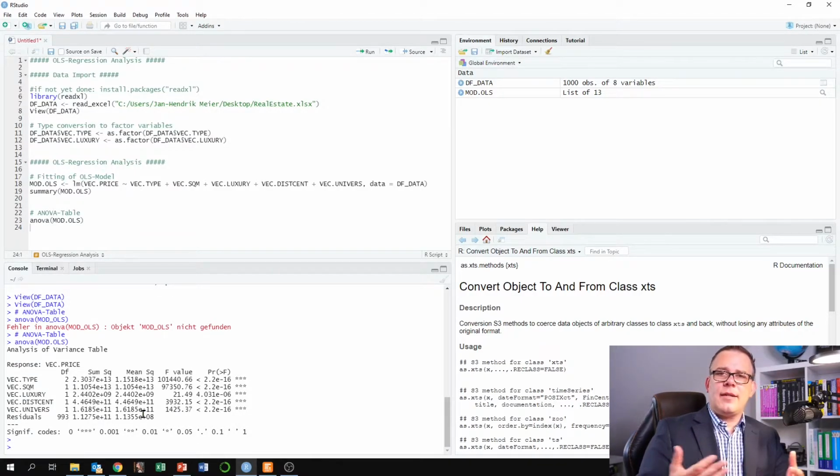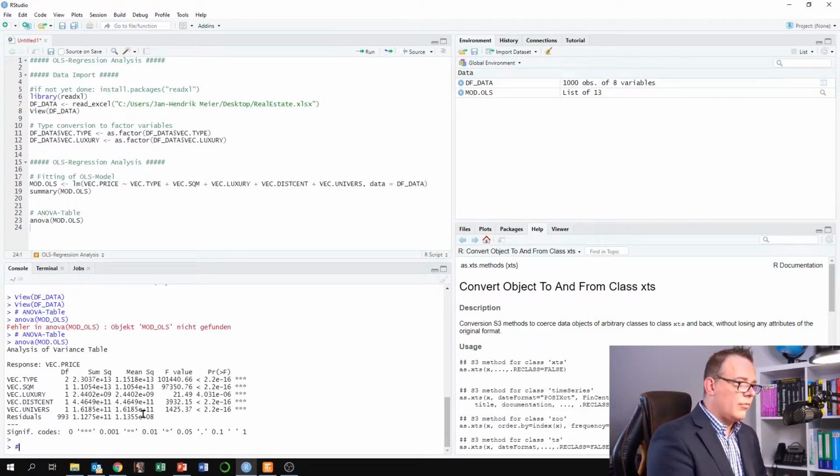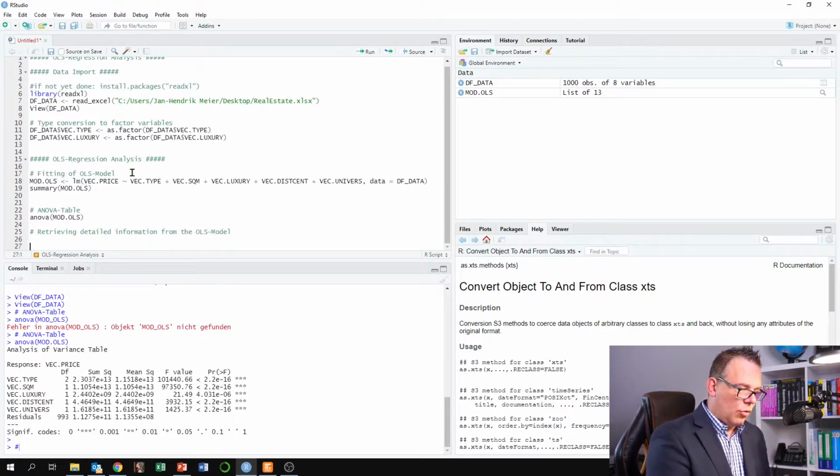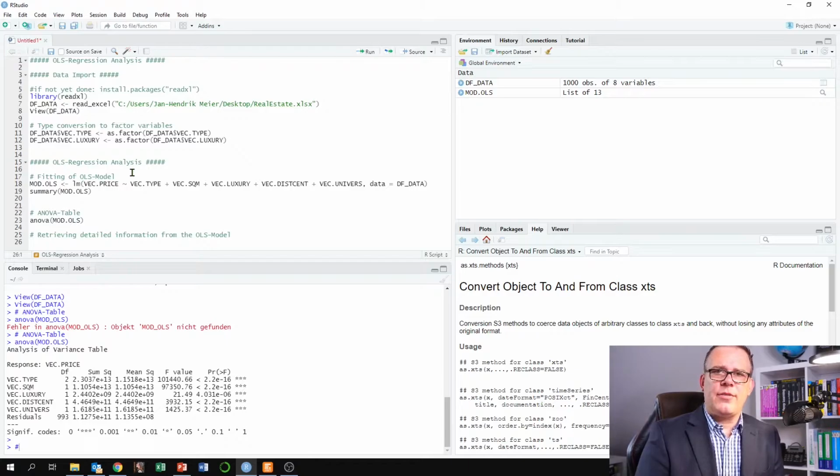Can we get further information from our OLS model? Retrieving detailed information from the OLS model. Why is that of interest for us?